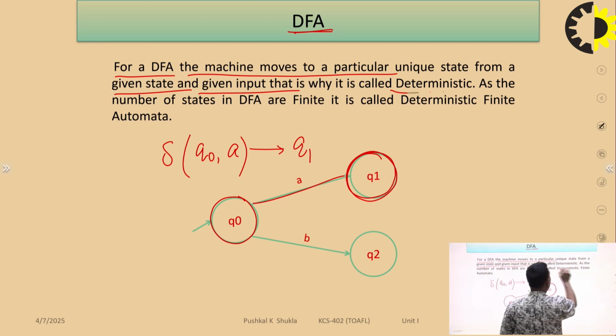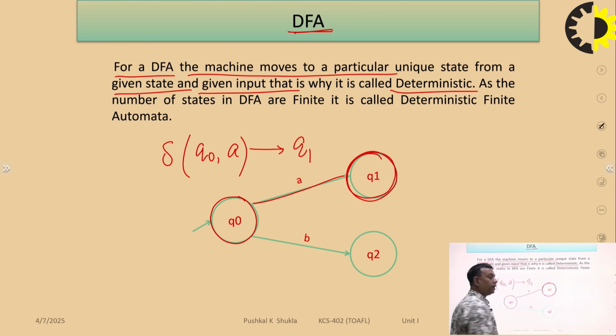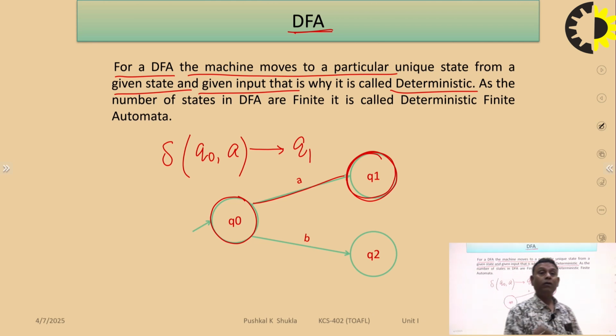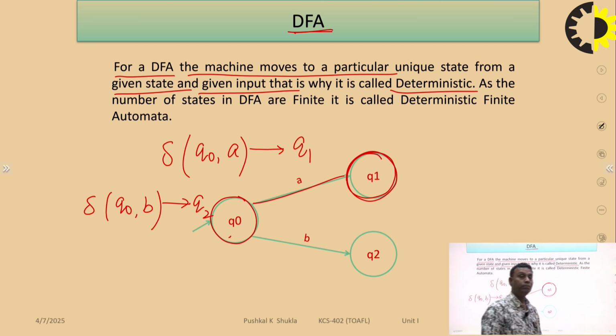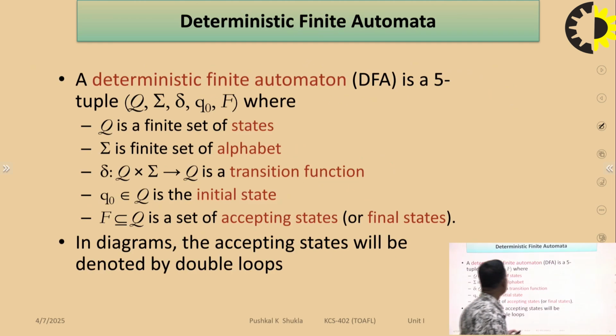As the number of states in a DFA and the number of input symbols on the input tape are finite, it is known as deterministic finite automata. Here, for the given state Q0, if we provide input B, it goes to state Q2, which is fixed. That's why it is a deterministic finite automata.